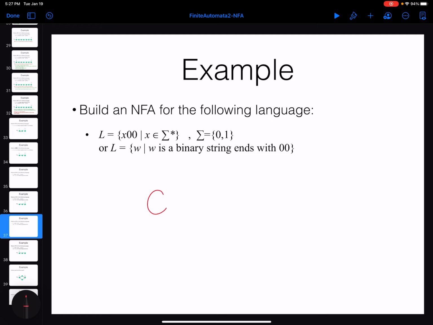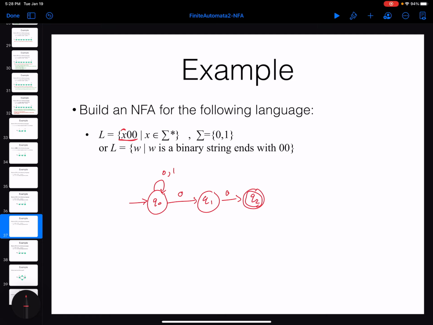Again here, when you are caring about this type of strings, I allow Q0 to consume the X part, and then I will create some path that ends in an accepting state. And be careful, here I don't put any transition for Q2.